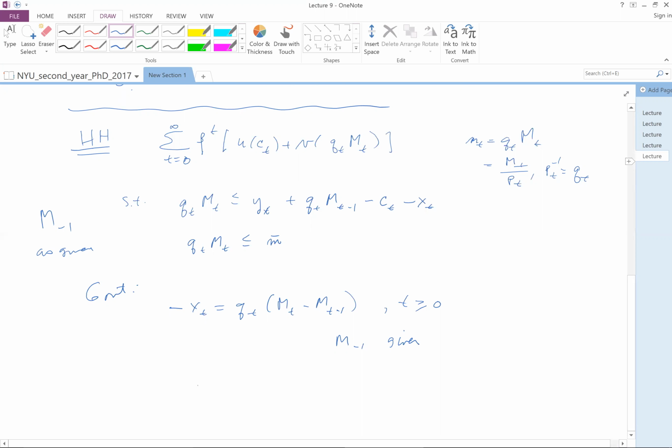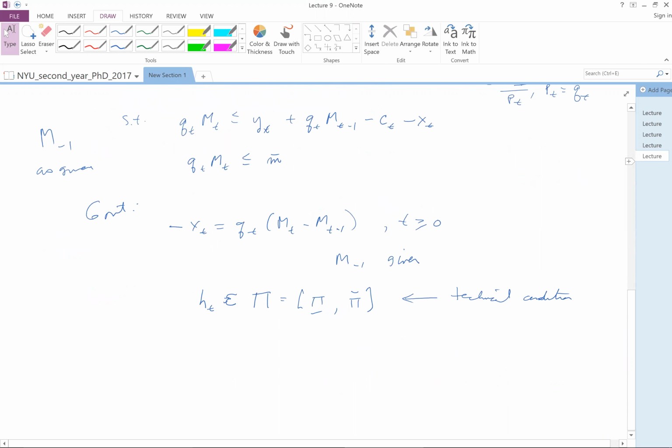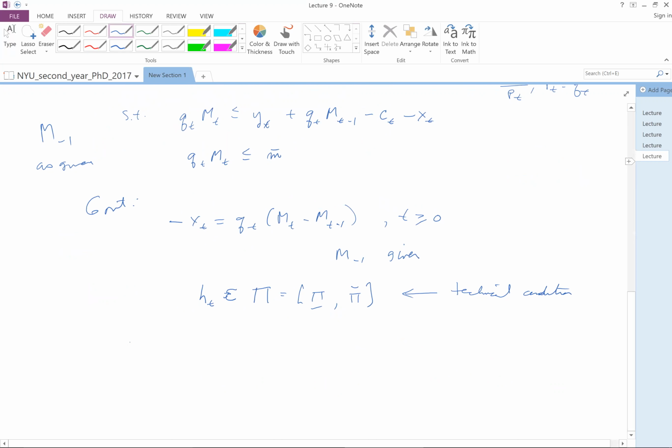We're going to impose some restrictions that h_t, the inverse growth rate, is going to belong to this set Pi, it's some bounded set. And this is a technical condition to get some bounded sets later. And then we could rewrite that budget constraint as we did last time, like this. Okay, good. So there we're set.